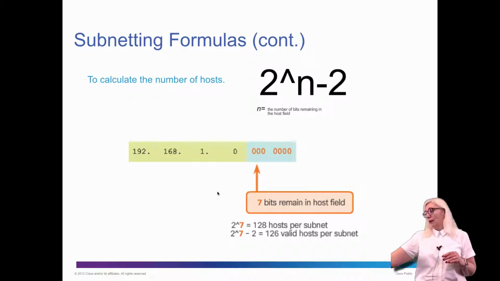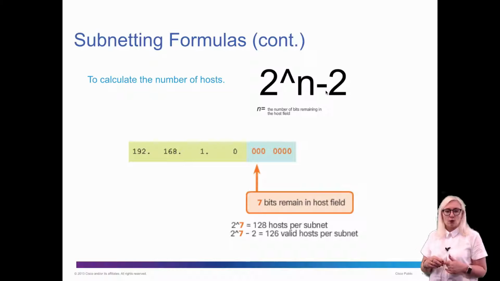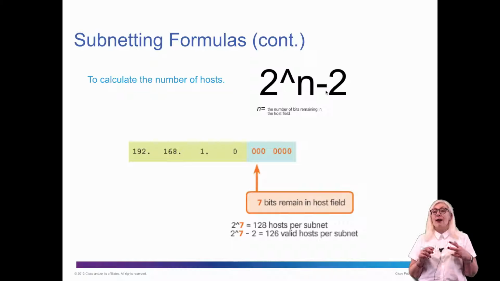I take 2 to the power of n, where n now is the number of bits remaining in the host part of the IP address, and then minus 2, because the first host address is used for the network and the last one is used for the broadcast. So that is why I always have to subtract 2 when I calculate the number of hosts.